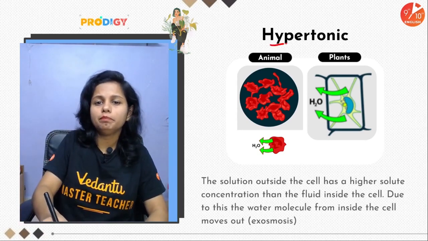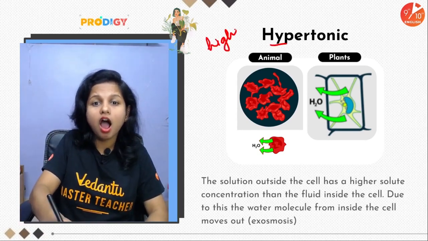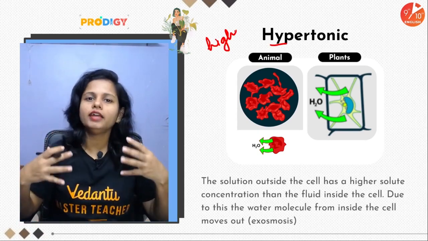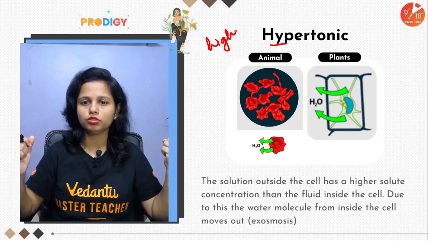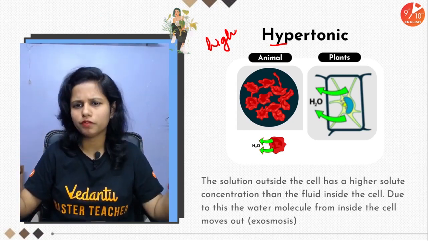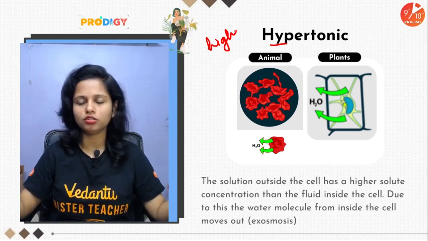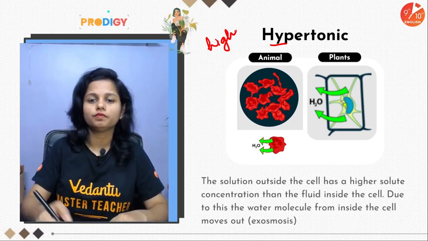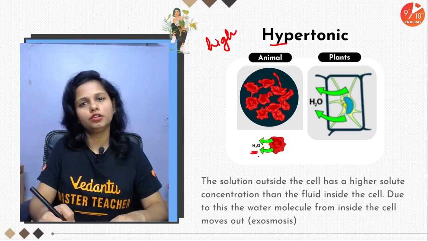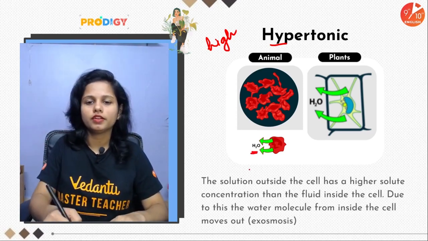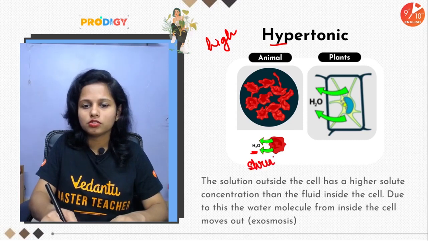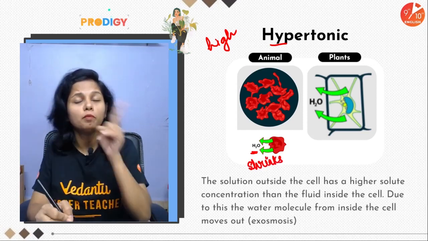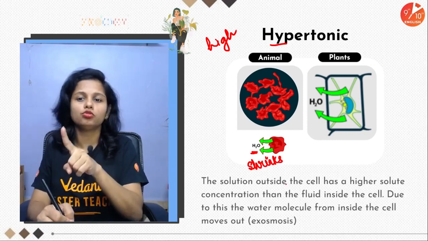Hypertonic, hyper means high, so here there is a high concentration of solute in the solution, therefore of course water will be less, so there will be less water in the solution and more in the cell. So when the cell is having more water, it will lose the water, and as it loses, the animal cell of course shrinks. When we talk about plant cells, they don't shrink.